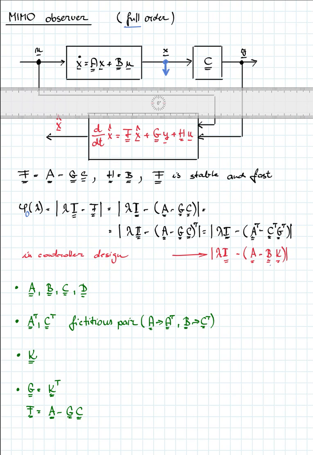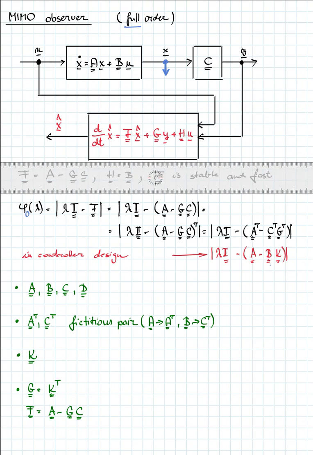But in many cases, we don't want to measure x, or in many cases, we cannot measure the values of x, but the system input and output can always be measured, and these two data can be put as input to the so-called observer system, which will generate x hat, and this x hat is the observed value of the state vector.